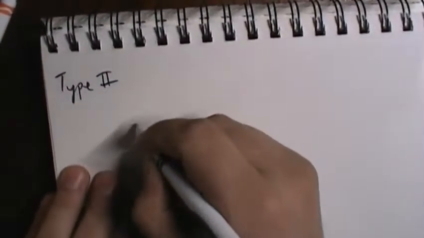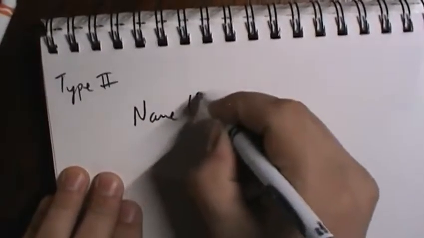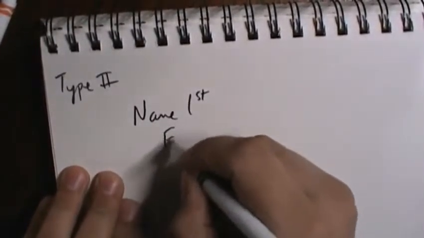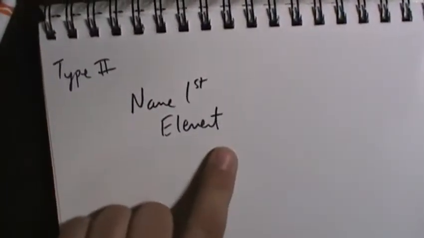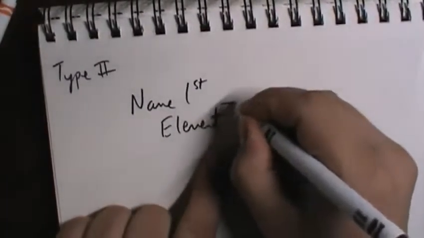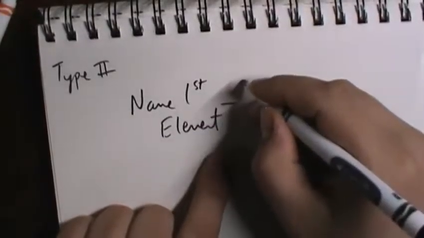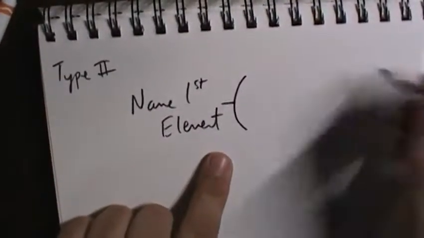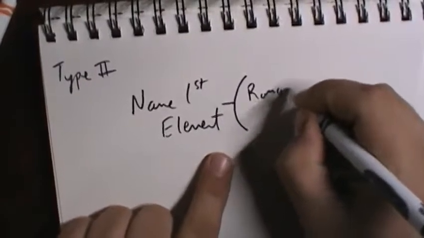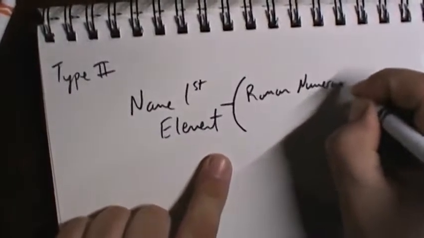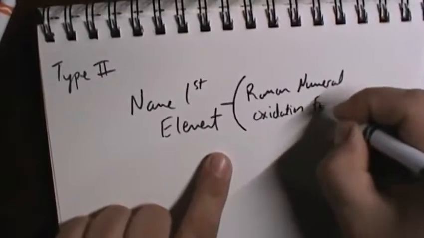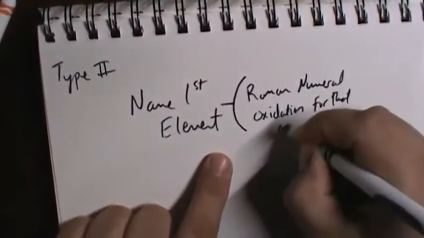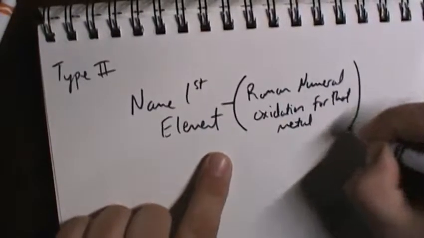Okay? I name the first element. But here's where it's different. I attach to that name a Roman numeral of the oxidation for that metal in parentheses.